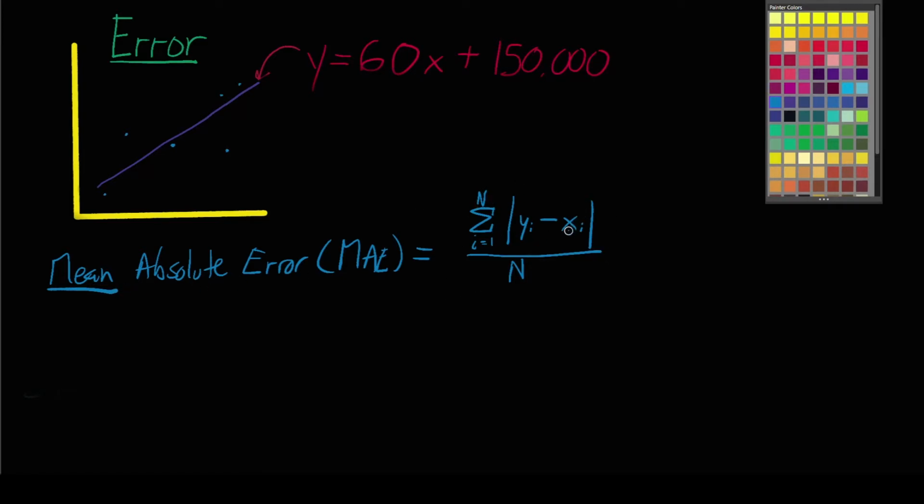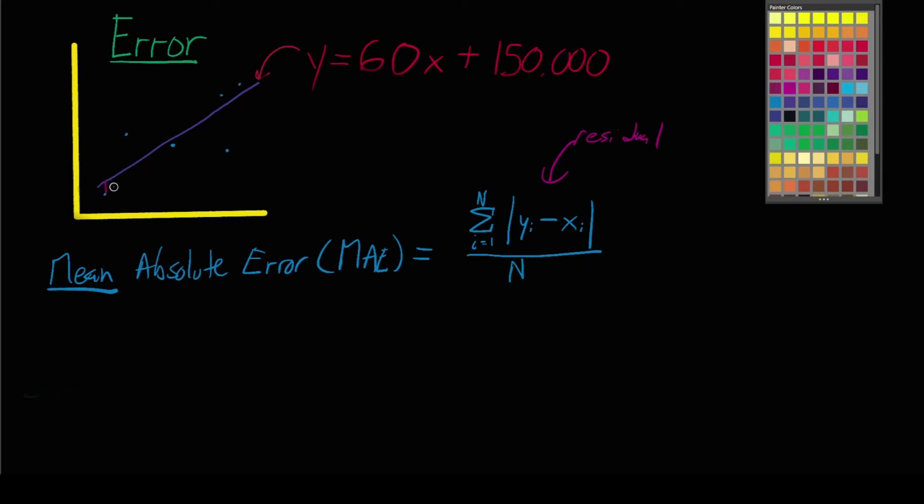So just to give you kind of a visual example of what that means, let me just choose a bright pink here. So what this is, this y sub i minus x sub i, is actually the residual. And residual is the difference between what the actual sale price is and the predicted sale price.